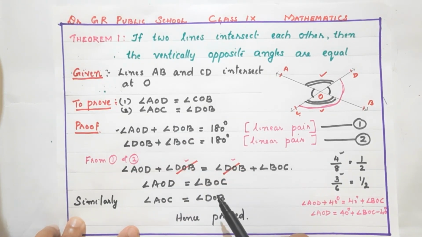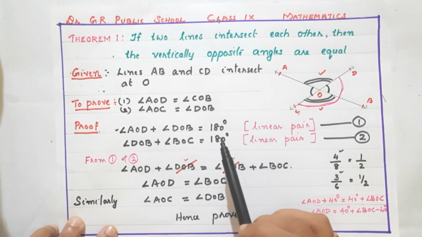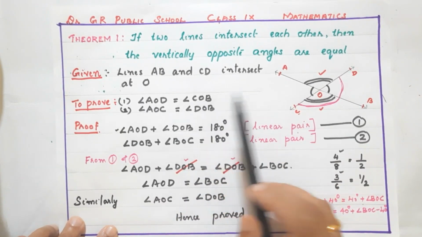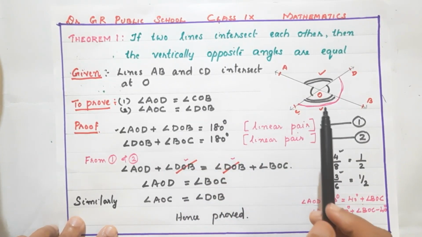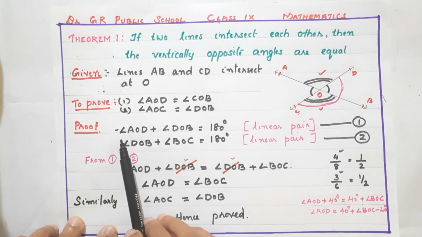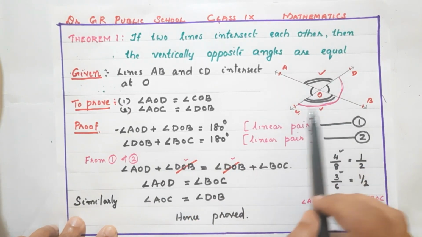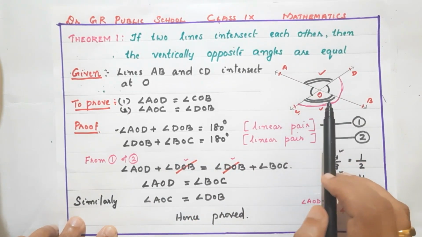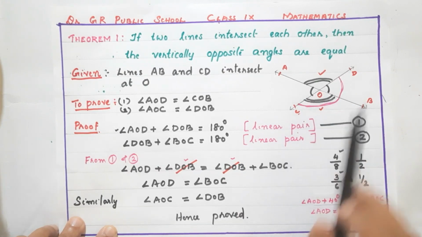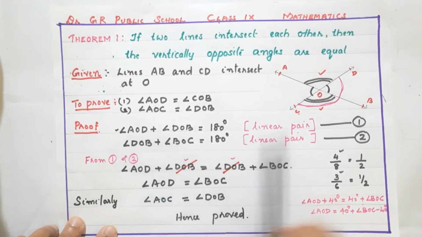Did you get it, children? It is a very important question. You have to understand very well how we have to consider these two equations. Always remember, we can have 4 pairs of linear angles, but we have to choose the required one.